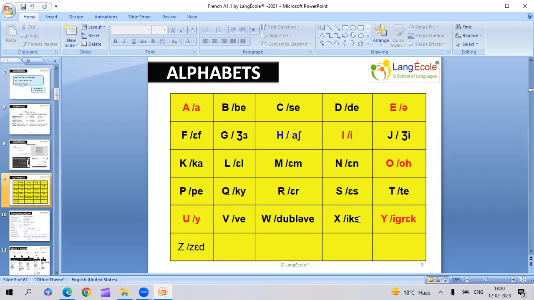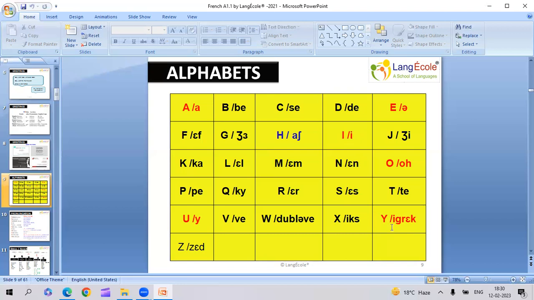Sorry, I was teaching vowels, so we'll not go into consonants right now. So the last one, the Y. Y as an alphabet is called Y as a name. However, in any of the words, if it is used, it is pronounced as E itself, exactly the same sound.